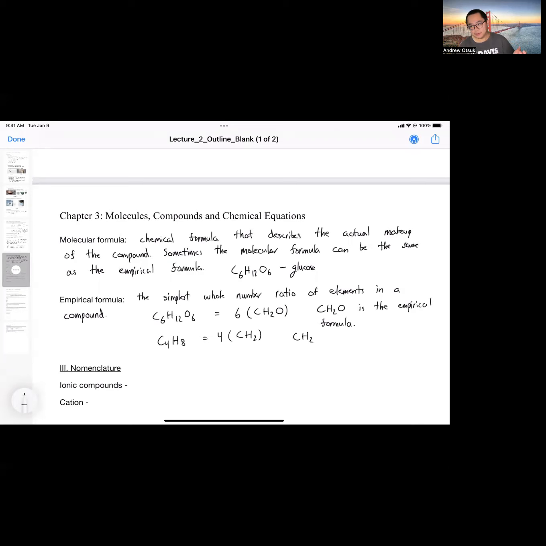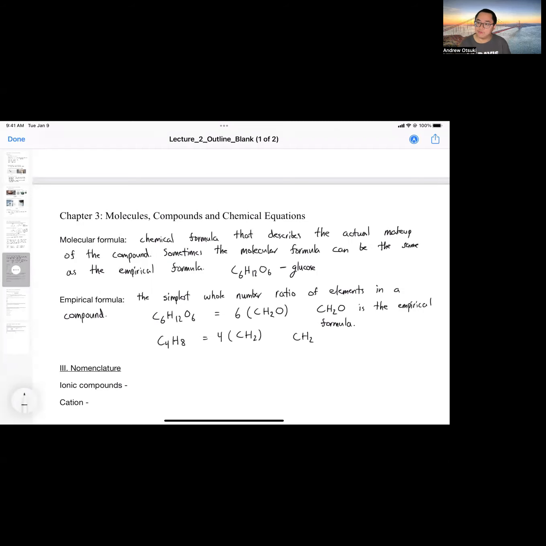So in the sense of chemical bonding, this wouldn't make sense chemically, but in essence, it's used to refer to what percentage of the compound is carbon and hydrogen. And if you were to compare the empirical formula with the molecular formula, that percentage is the same. So that's what empirical formulas are meant to be.